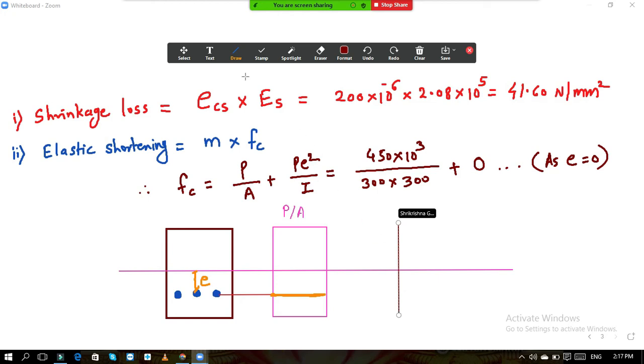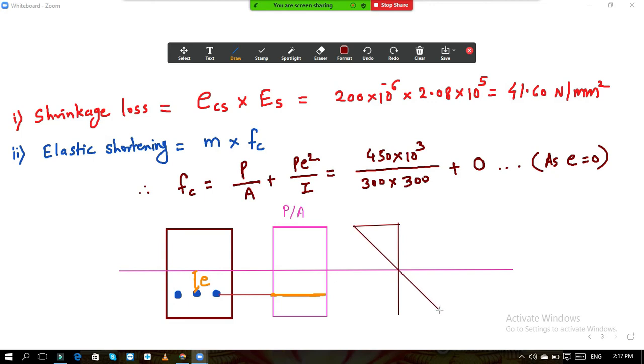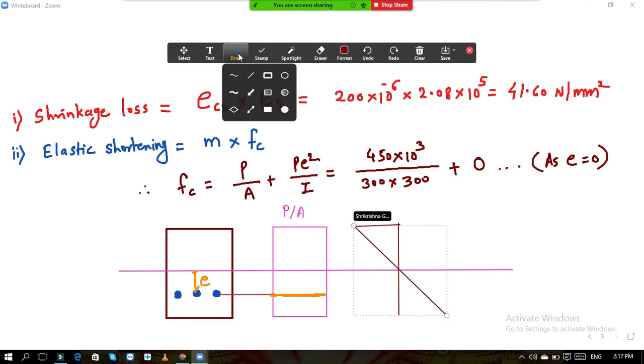Tension at top. Normally tension is at top and compression is at bottom. So this type of diagram is there.